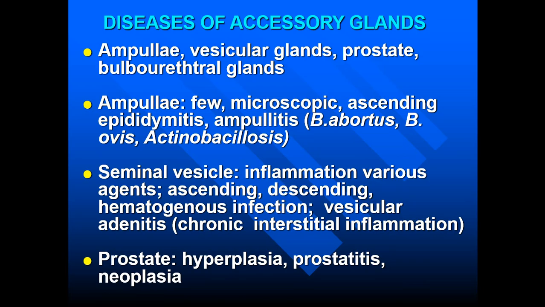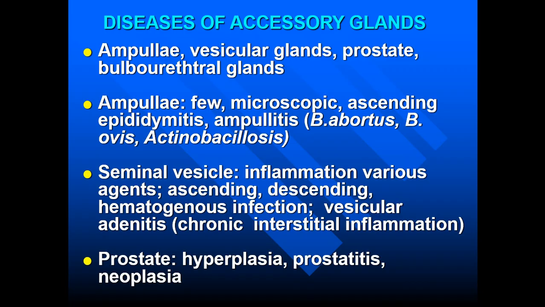Next, the seminal vesicles. The seminal vesicle is quite large in horses, and the inflammation can be caused by various agents, but in my experience, it's usually related to bacterial infection. It can be ascending, usually related to testicular or epididymal inflammation that may spread into the accessory glands.